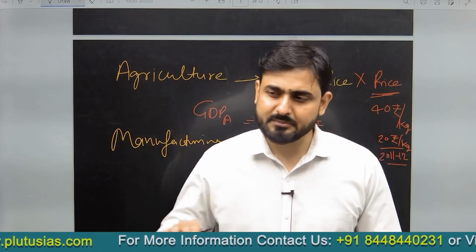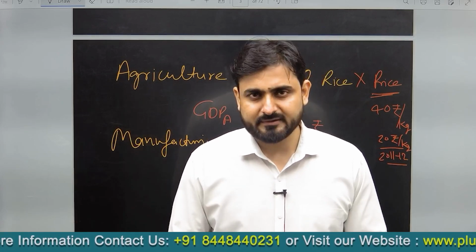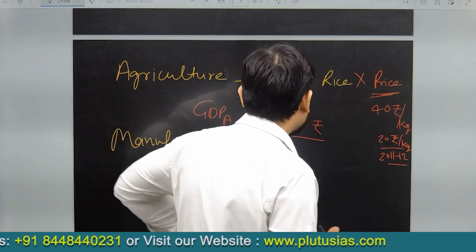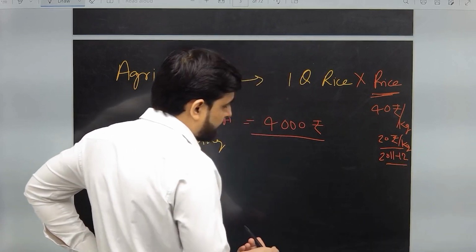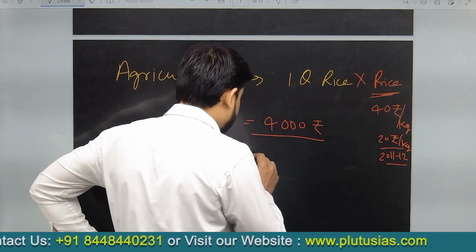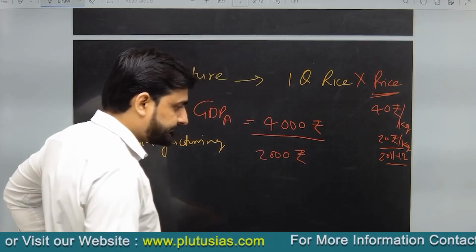Such a sustainable year in which most things remain moderate, the Government of India considers as the fixed base year. So if we calculate based on 2011-12, then its GDP will be 2000 rupees in agriculture.